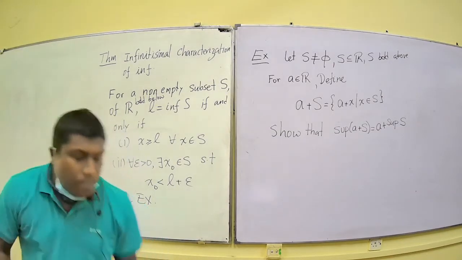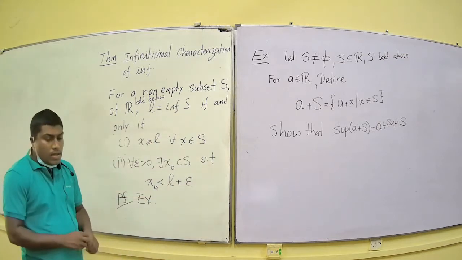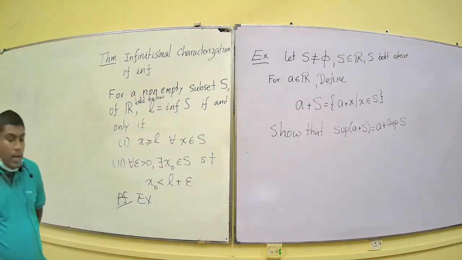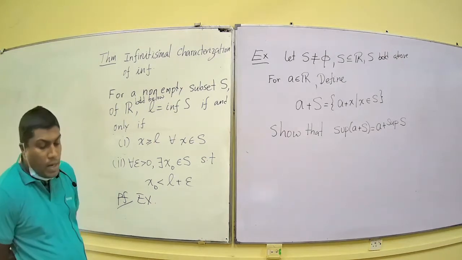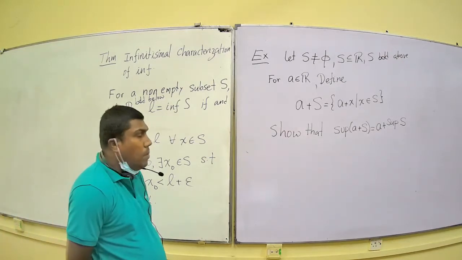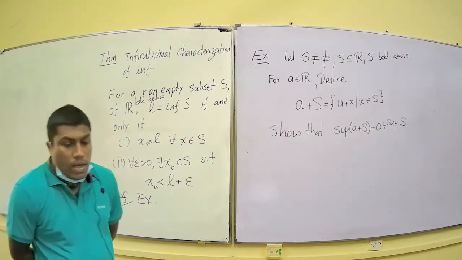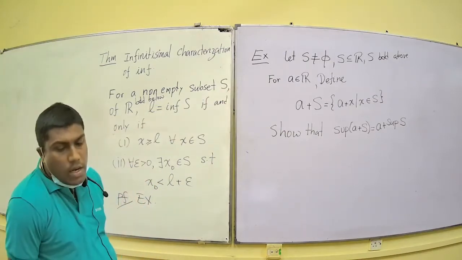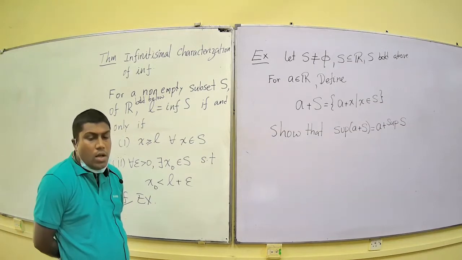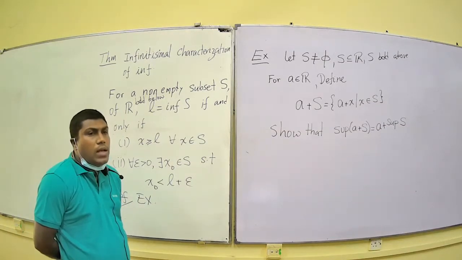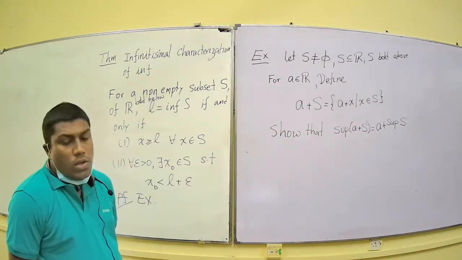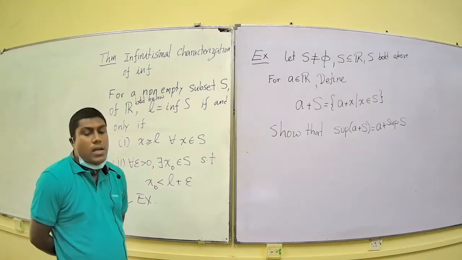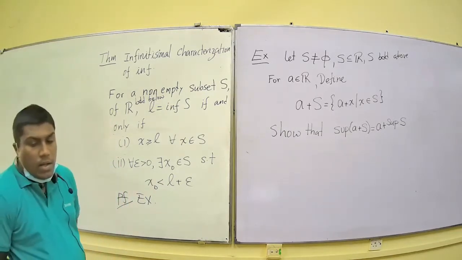Okay, so here's the problem and exercise. You can consider this as one of the properties of suprema. You have a non-empty set S, a subset of real numbers, and it is bounded above. So you know there exists a supremum for the set.